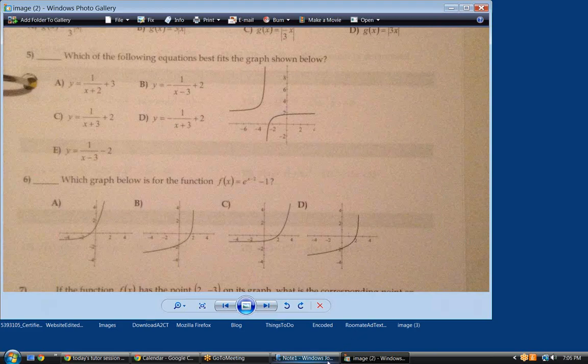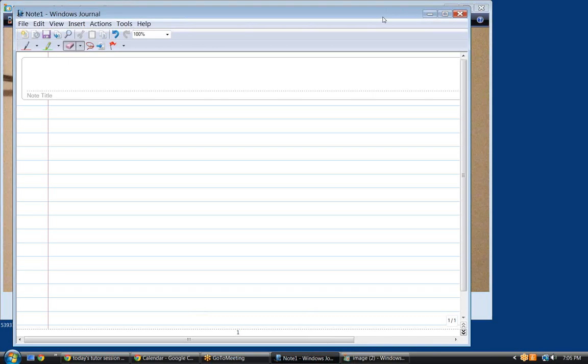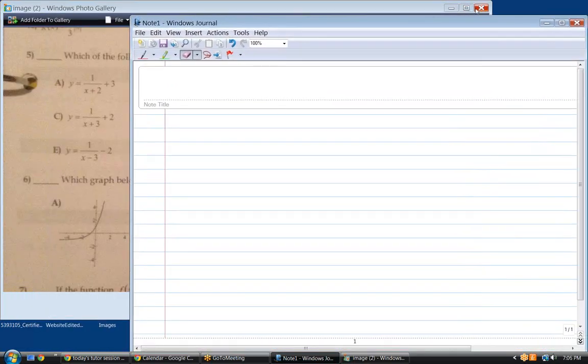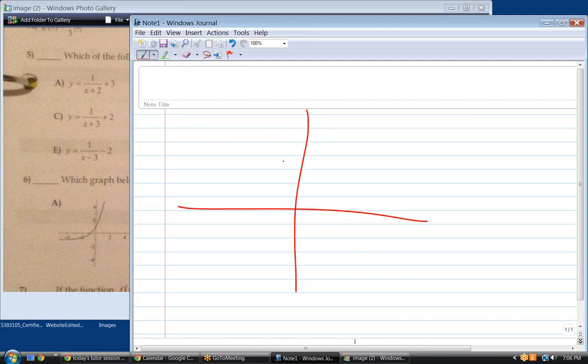So in one case, we have a hyperbolic function. If I were to graph C and put my vertical asymptote in there and my horizontal shift, this is the grid that I'm dealing with. And I'm plotting a hyperbolic function.